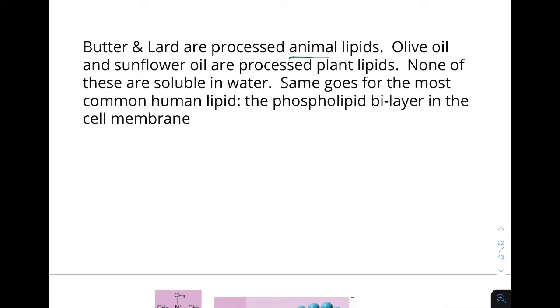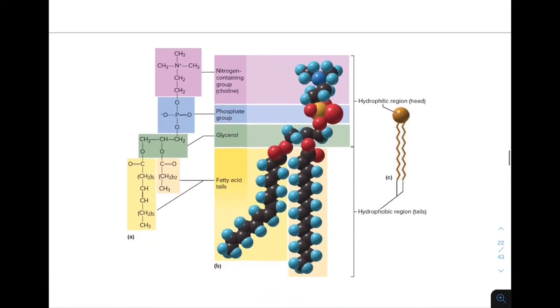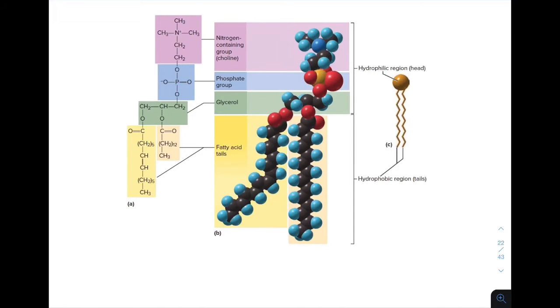If they come from animals, we get things like butter and lard, which are fats. If they come from plants, we get things like olive oil, sunflower oil, coconut oil, whatever, which are oils. All of these are non-soluble in water because they are non-polar.